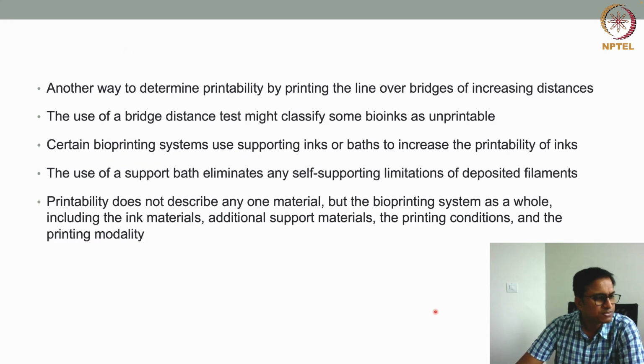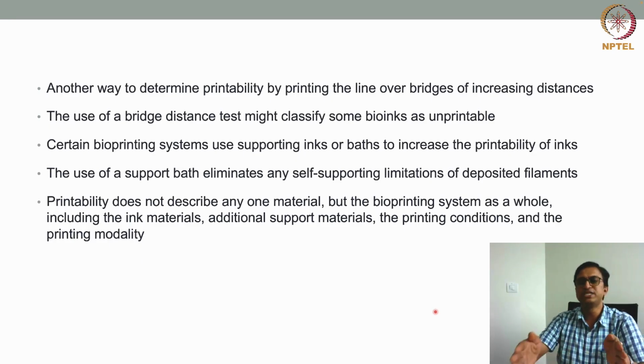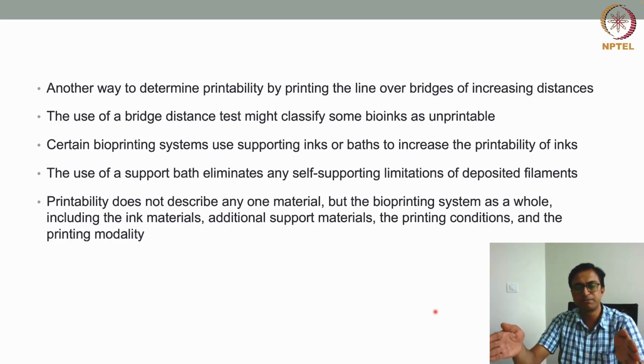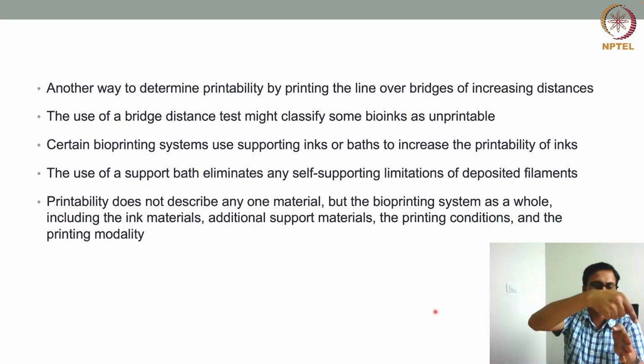Another way to evaluate printability is when you try to print a line over bridges of increasing distance. Suppose I put several bridges in a row: first the bridges are very close to each other, then the next bridge has an increased distance. With increasing distance, I try to print a line on top.